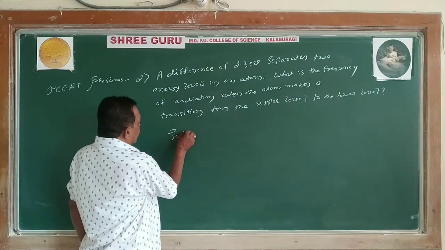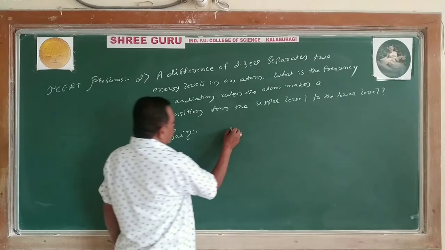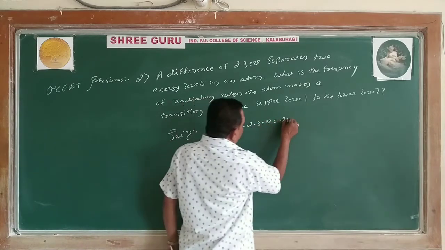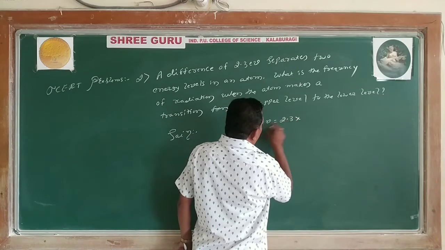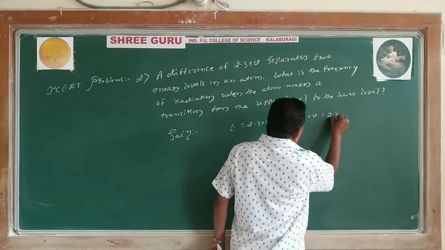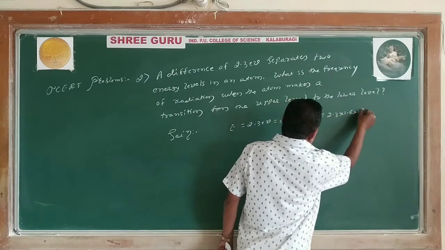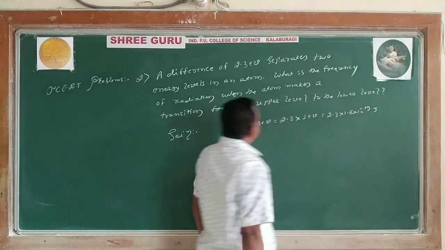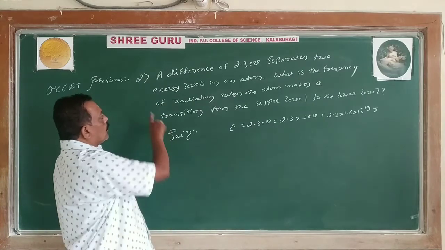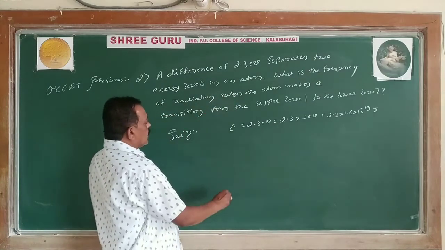देखो इधर ये है, the energy difference between the two states E equals 2.3 electron volt, 2.3 into 1 electron volt, that is 2.3 into 1.6 into 10 to the power of minus 19 joules. So what is the frequency condition?